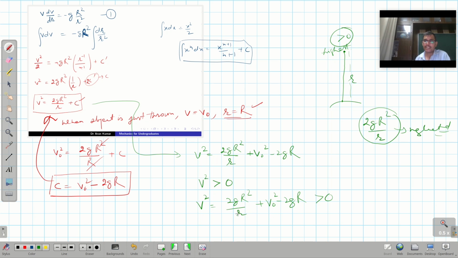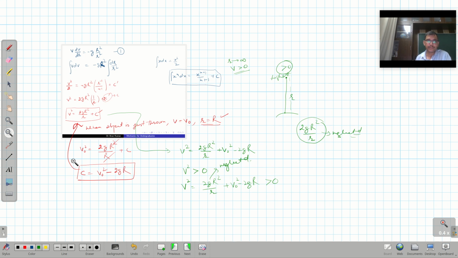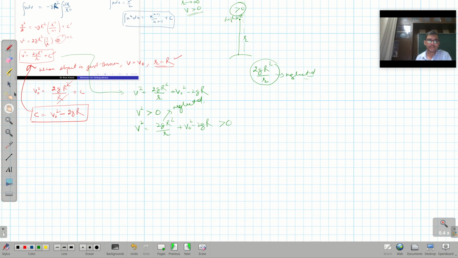For large r, or in other words, mathematically I can say that if r approaches infinity, velocity is greater than 0 when r is very large. So at that situation this term can be neglected, meaning it is very close to 0.